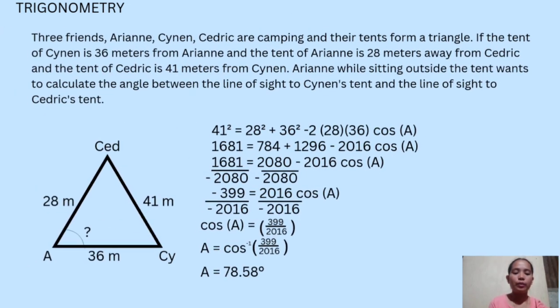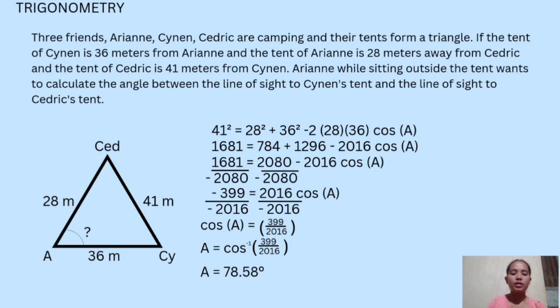Problem number 3 of trigonometry. Three friends, Aryan, Simon, and Cedric are camping and their tents form a triangle. The tent of Simon is 36 meters from Aryan, the tent of Aryan is 28 meters from Cedric, and the tent of Cedric is 41 meters from Simon.